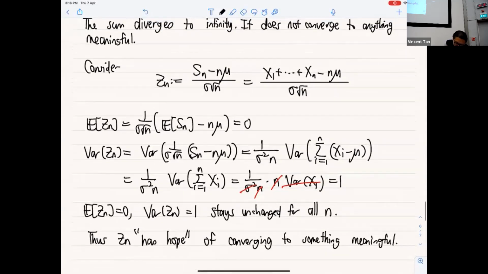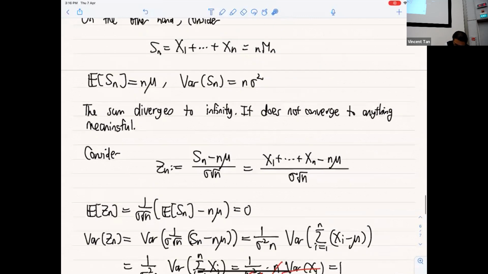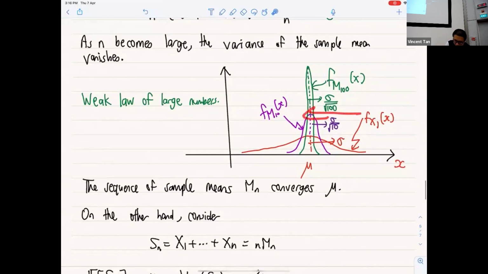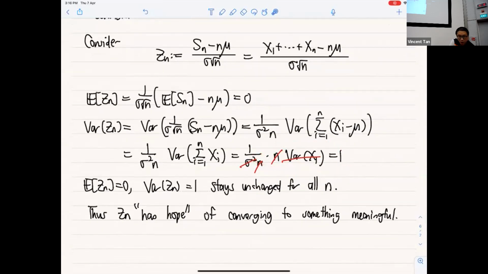Notice that in the previous two examples, of me just taking the sum, the variance blows up. Here the variance goes to 0, not meaningful. Here the variance stays invariant. It's basically staying at 1 all the time. So there's some hope of this actually converging to a particular non-degenerate distribution.